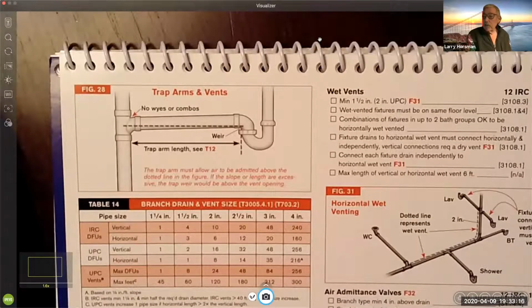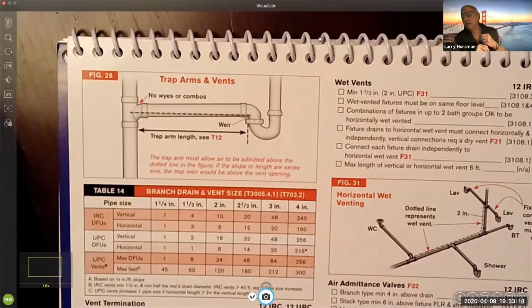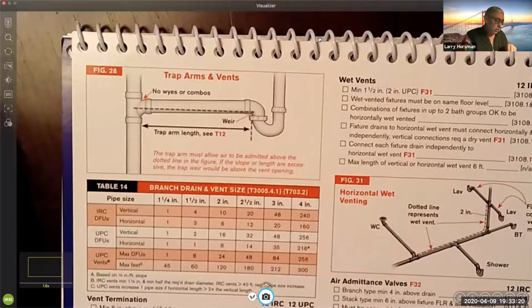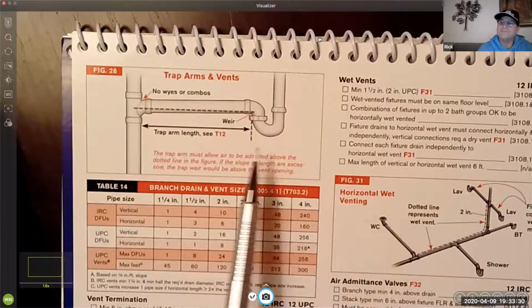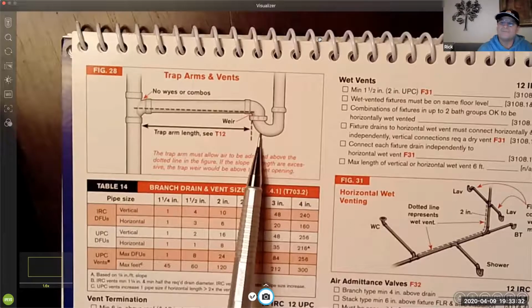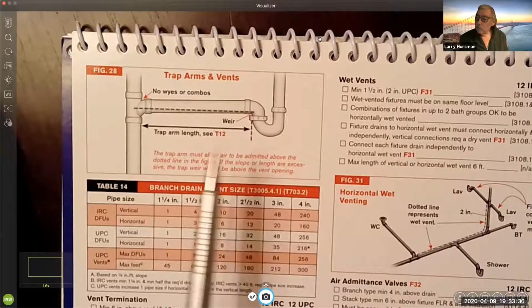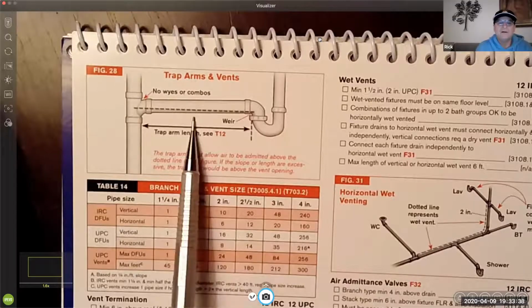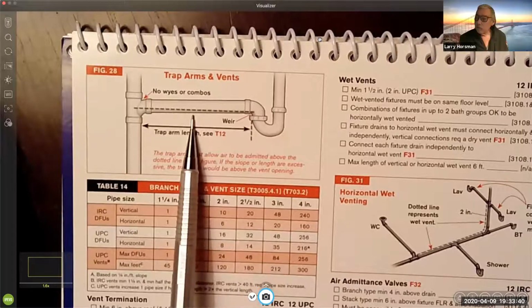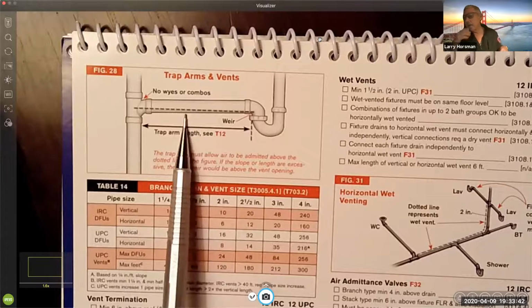And you should have this picture in your book too. So for those of you who aren't plumbers or who pay no attention to the plumbing, this is the trap, and the trap arm is from the trap over to, in this case, the sanitary tee.